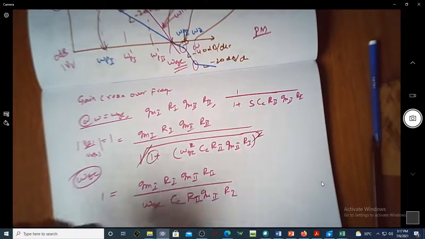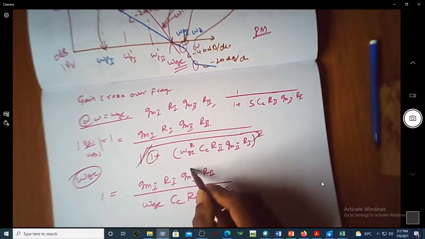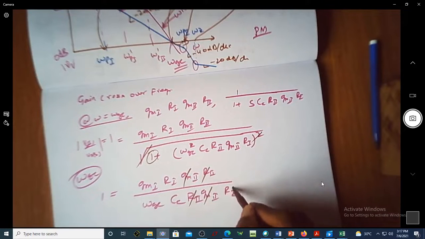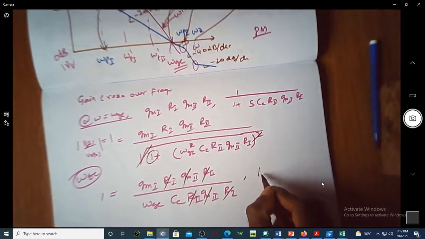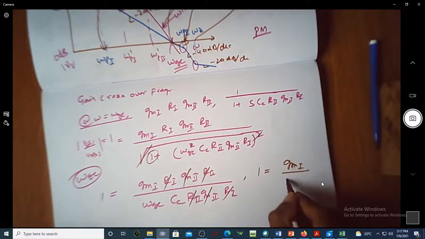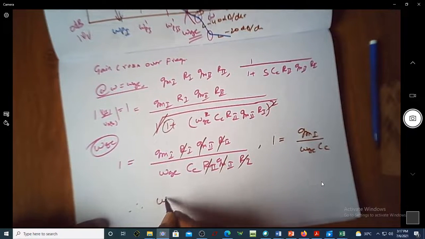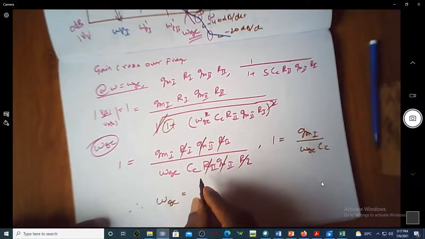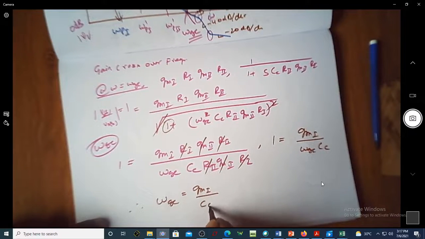So we can take out these terms, and I am left with 1 equal to GM1 by omega GC into CC. Therefore, omega GC, the gain crossover frequency, is given by GM1 by CC.